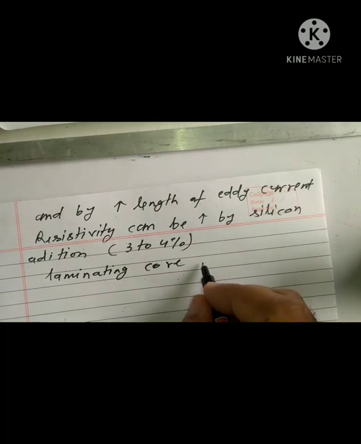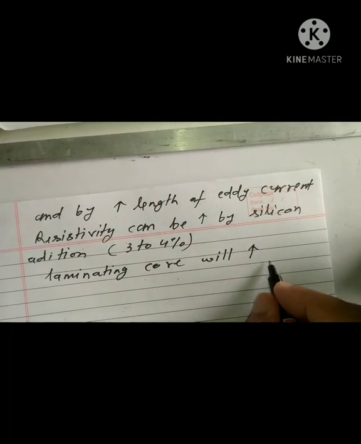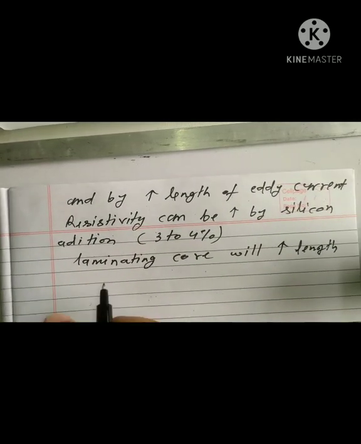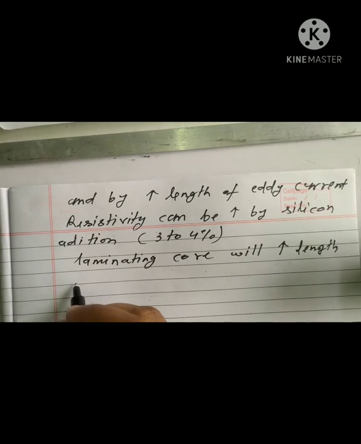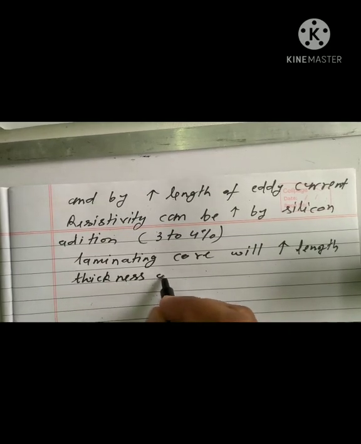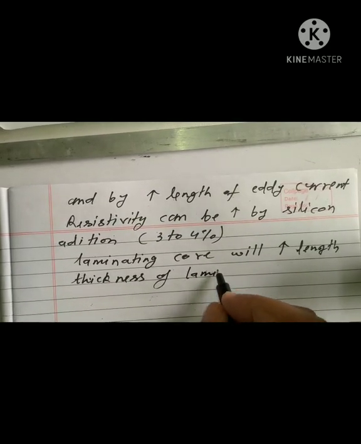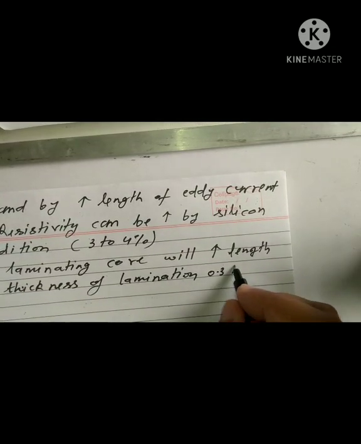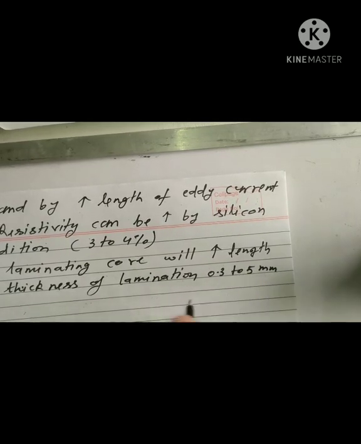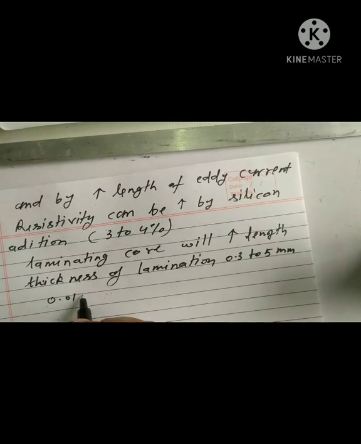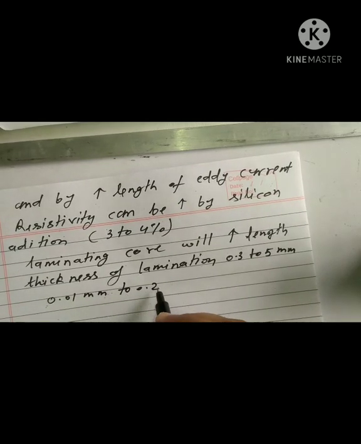Laminating core will increase length of eddy current. The thickness of lamination ranges from 0.3 to 5 mm for transformers used in power systems, and for electronic circuitry it can be 0.01 mm to 0.2 mm.